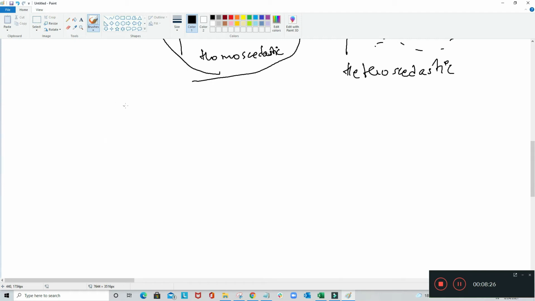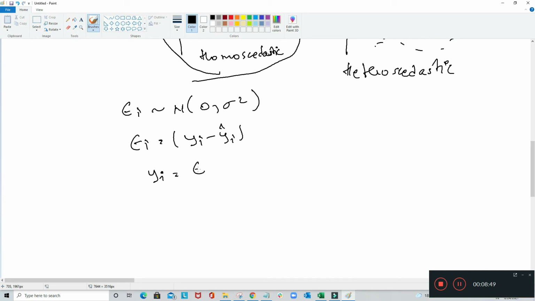As we saw, my error epsilon i has a normal distribution with mean 0 and variance sigma square, and epsilon i is nothing but yi minus yi hat. This can be rewritten as yi equals epsilon i plus yi hat, which is w transpose xi plus b plus epsilon i.